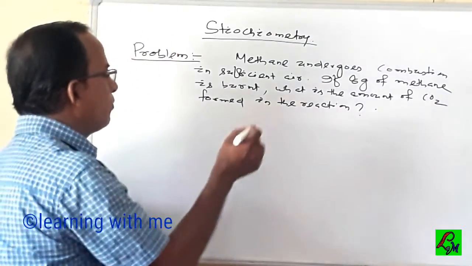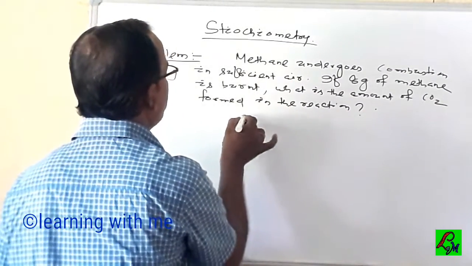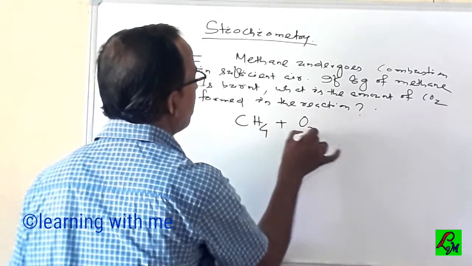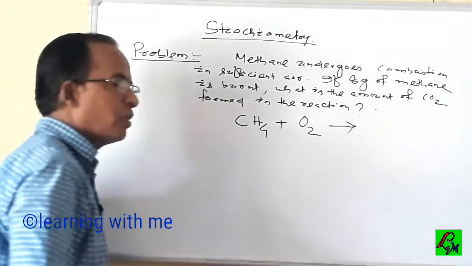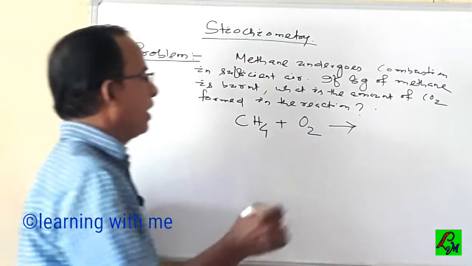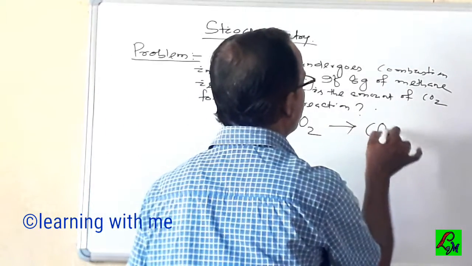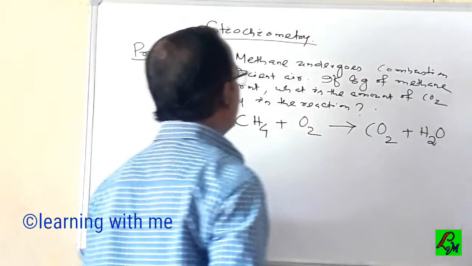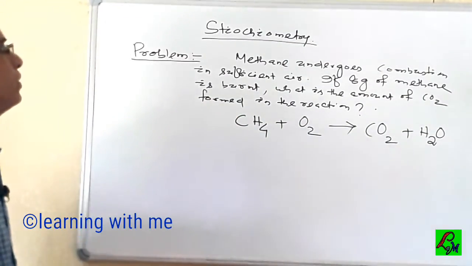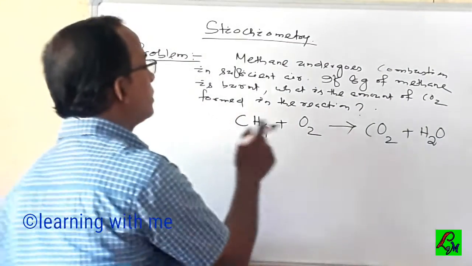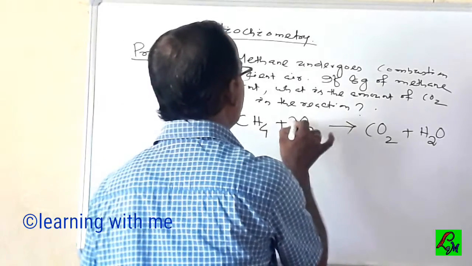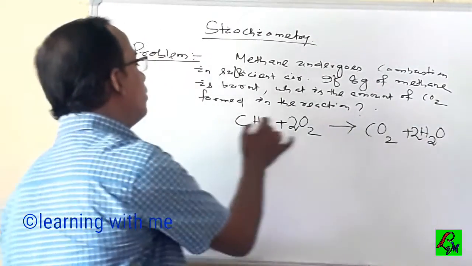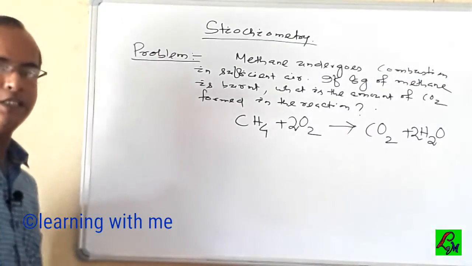So, first of all, methane reacts. Methane, its chemical formula is CH4, reacts with sufficient air, that means it reacts with oxygen, to produce carbon dioxide and water, CO2 plus H2O. So as to balance this equation, if we multiply by 2, then oxygen becomes 4, hydrogen becomes 4, H2 times 2, and carbon, and then it is balanced.